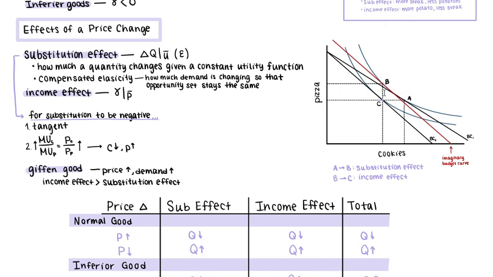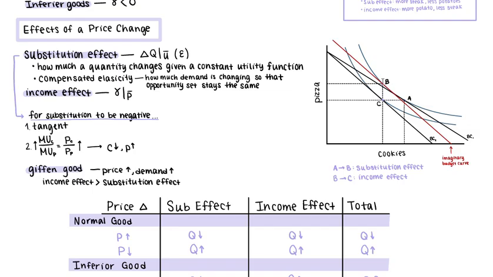So from A to B, that is the substitution effect. That means the cookie price increases, and you consume fewer cookies and more pizza, holding the same utility, because you are at the same indifference curve. And B to C is the income effect, because actually it's an imaginary budget constraint line.